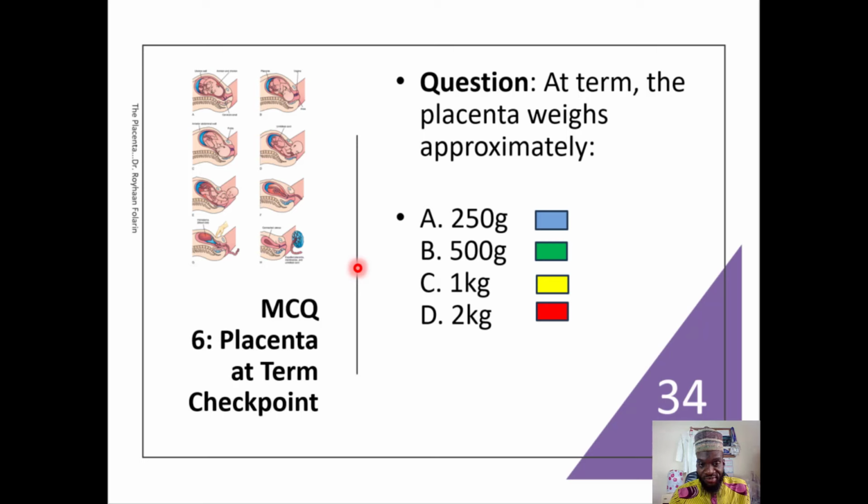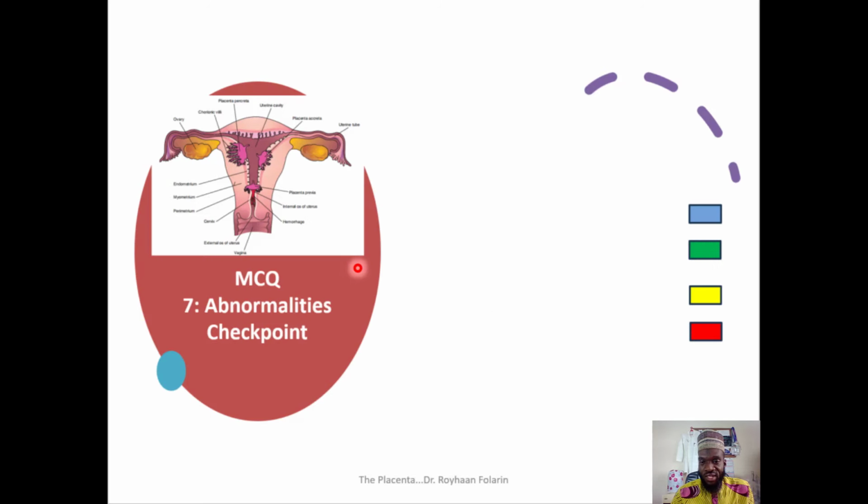What is the answer? Can you flip your cards? Okay, I must admit, now it is green as well. Yeah, so I said it's approximately 500 grams. Okay, let's try again now.